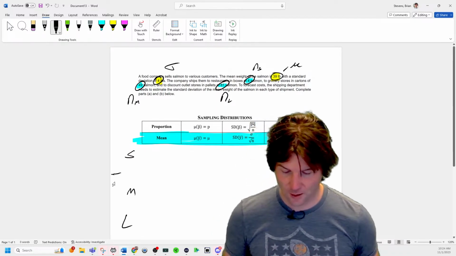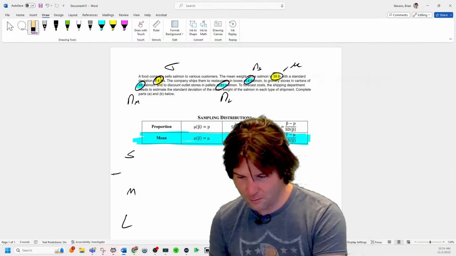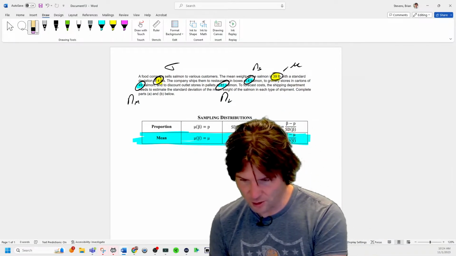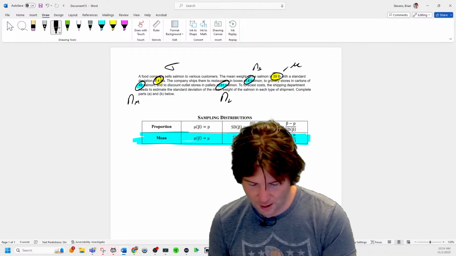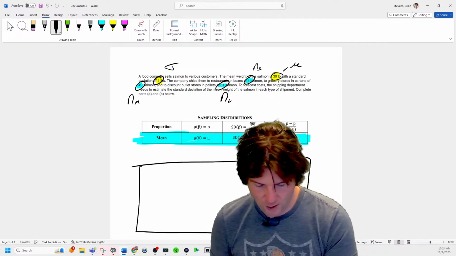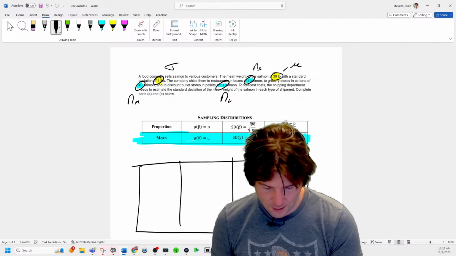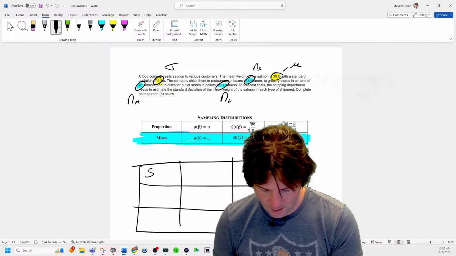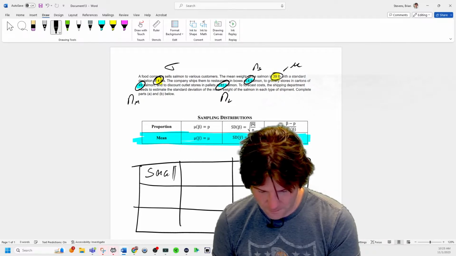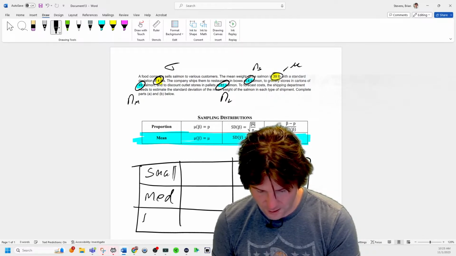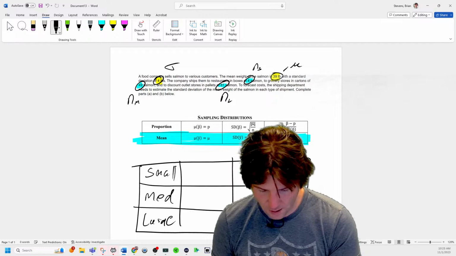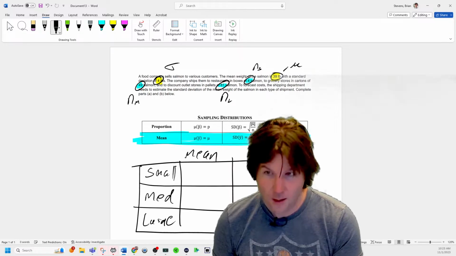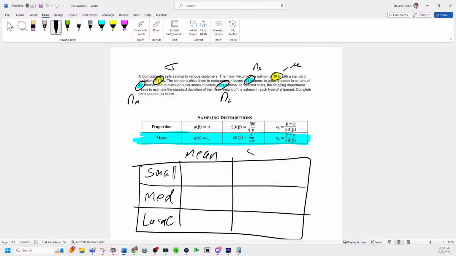So let's go right here and ask, what would be the mean for the small distribution? So we're making a grid right here where we would have the small, medium, large. And we have the mean, and we have the standard deviation.